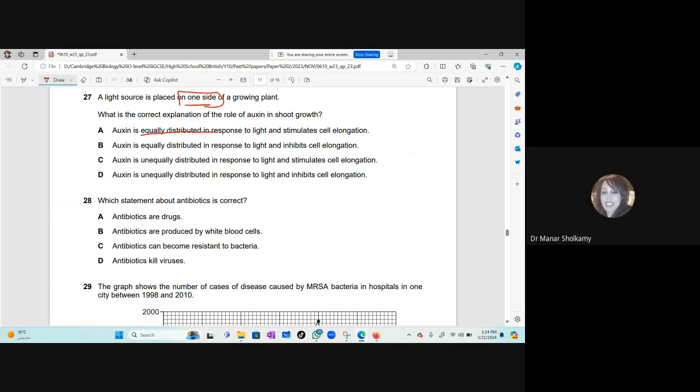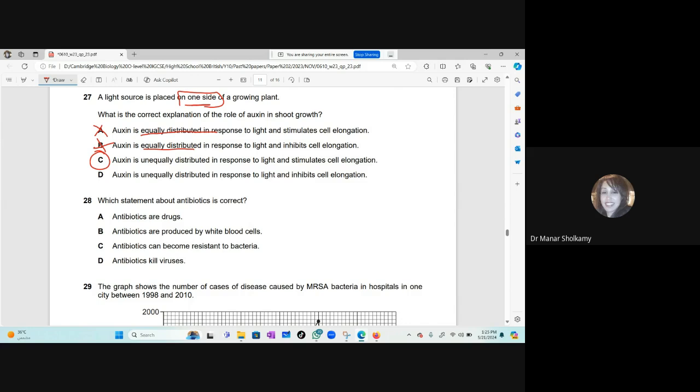Unequally. So A must be wrong. B, auxin is equally distributed. Do I even continue? No. C, auxin is unequally distributed in response to light and stimulates cell elongation. Yes, true.